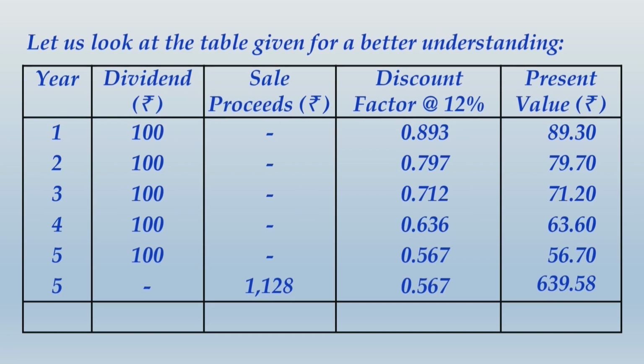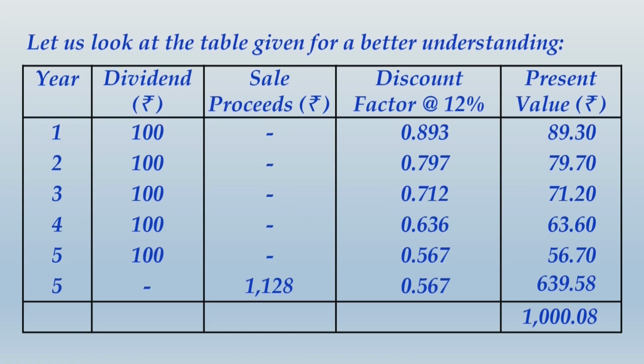Both of these will be discounted at the same factor, that is 0.567, and when you take the aggregate of all these present values, you get exactly rupees 1000.08, which is very close to 1000. In fact, it is 1000 if you round it off, and we find that your future cash flows match the present value of 1000 when the discounting rate is 12%. So we conclude that IRR must be 12% approximately.